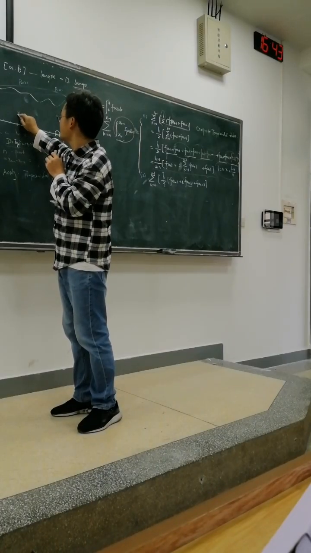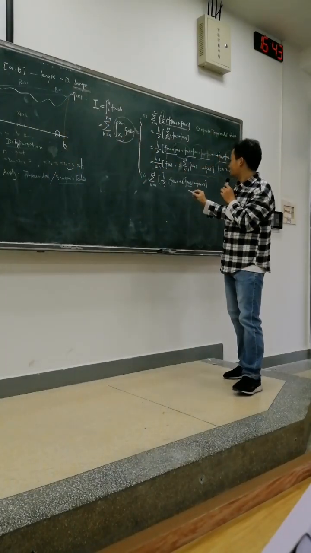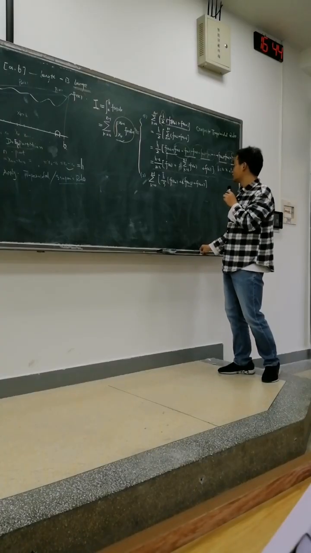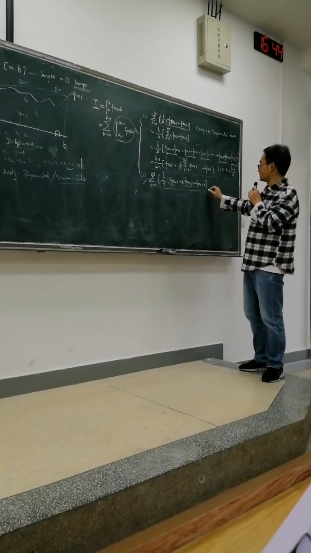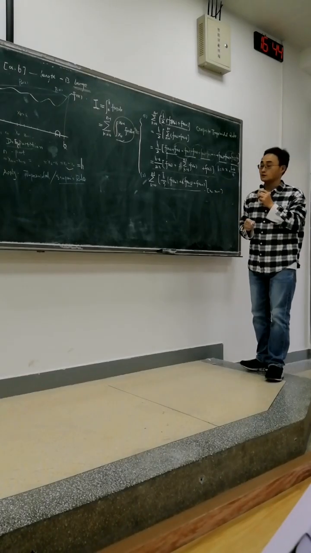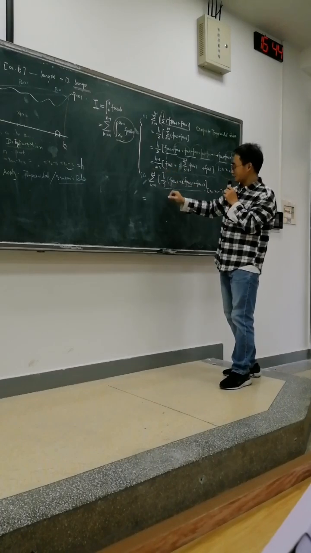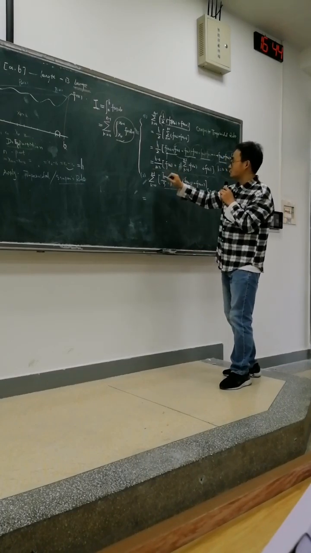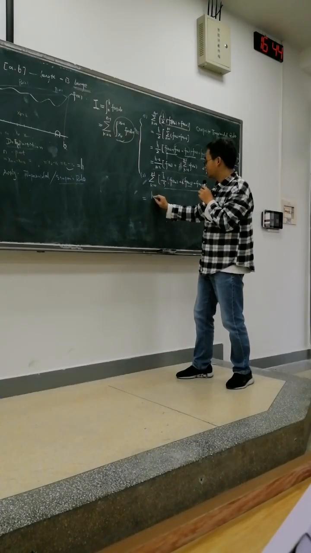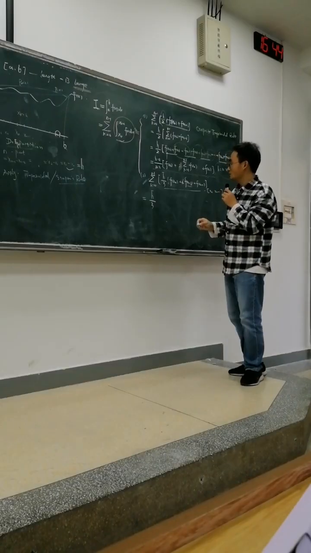This is Simpson's rule in a small interval. If we do rearrangement, this constant term we take outside.